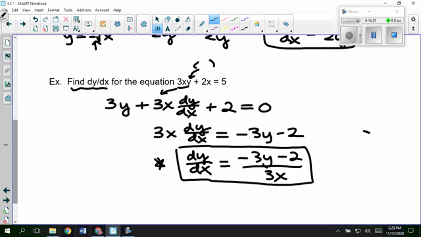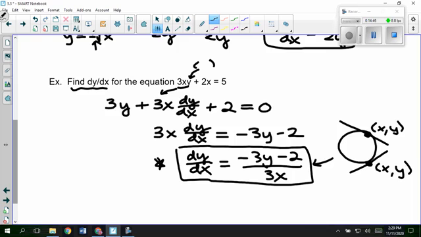Remember what I said a minute ago, that if I have a circle, I might have a derivative at one spot and another spot at the same x. So I usually will have to know the xy points for which one I'm talking about, and because I have maybe the same x with different y's, it should sort of make sense why our derivatives also contain x's and y's.